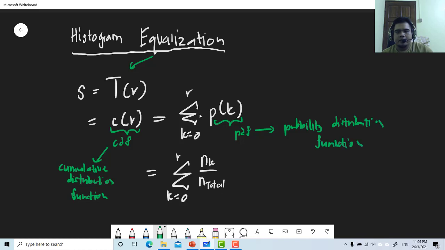I just changed it from density to distribution because we are dealing with discrete values. Of course, your image is a digital signal, so that's why we are dealing with discrete values. You learned probability in secondary school: if you talk about a discrete event, that is related to a probability distribution function, but if you talk about a continuous event, it's related to a probability density function.